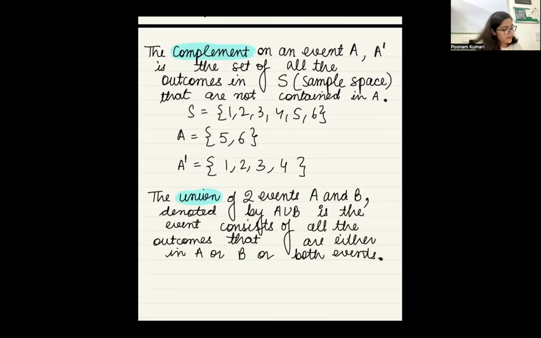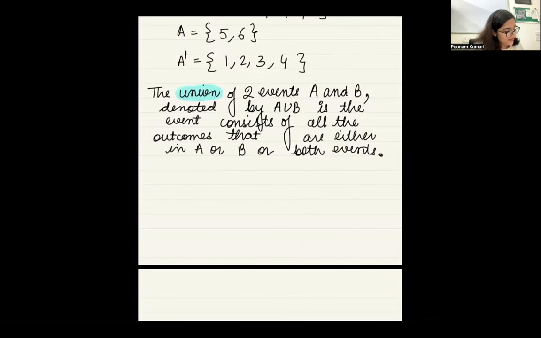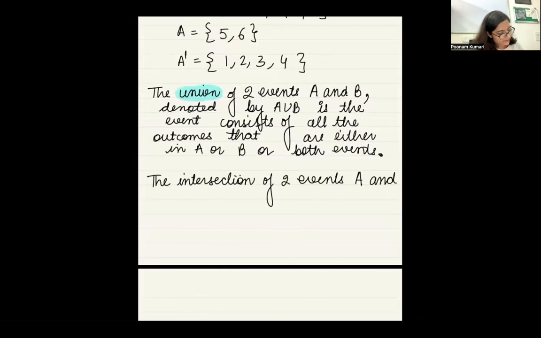Now, the intersection of two events. The intersection of two events A and B, denoted by A intersection B, is also a set, so that is also an event.